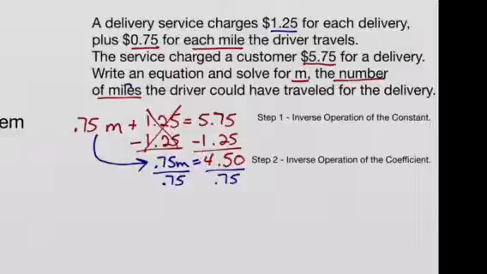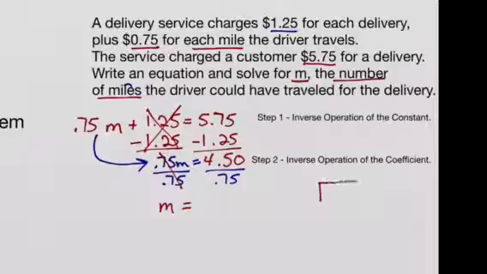When I divide 0.75 by 0.75, that basically cancels it out, and I am left with M, just the variable. So M equals. So now, once I do the inverse operation to the answer, once I divide 4.5 by 0.75, I will have my answer.